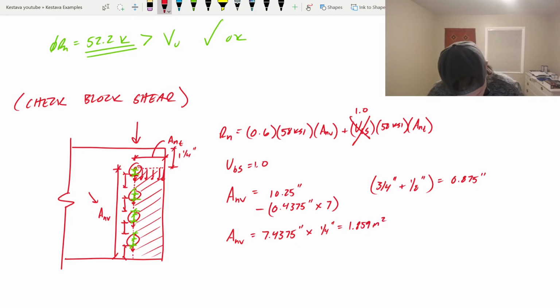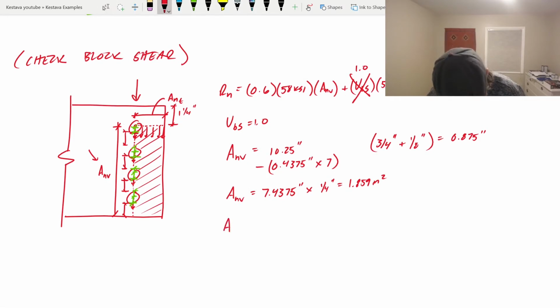Okay, so we have that, and now we need A and T. A and T is going to be a little bit easier. So same thing. A and T, we know that the distance to the center point of the bolt hole at the top is 1.5 inches. And we just need to do 1.5 inches minus, we're going to go green again, just 1/2 of a bolt hole.